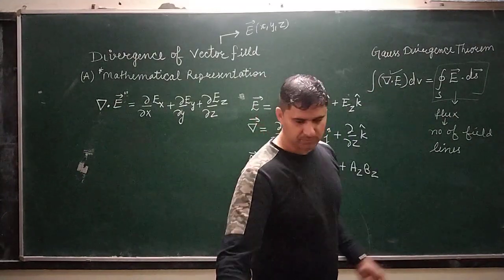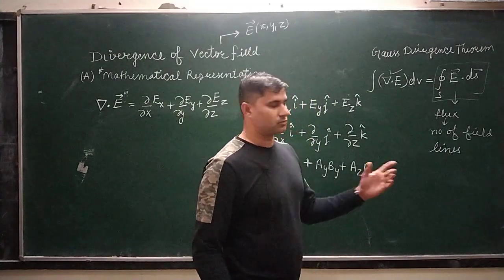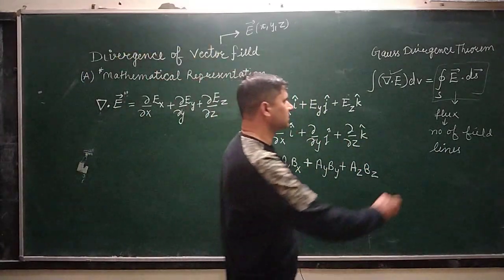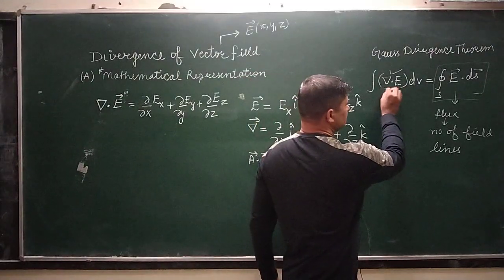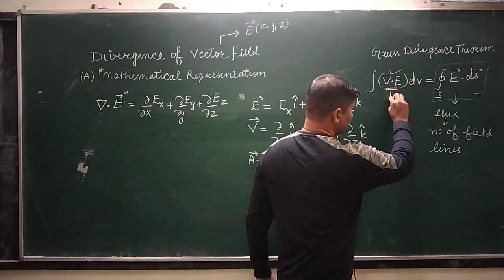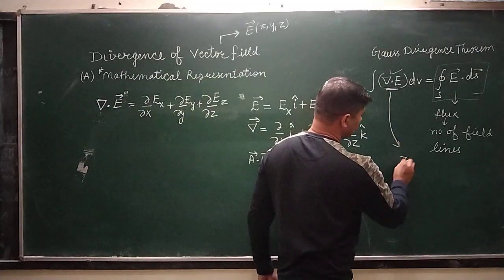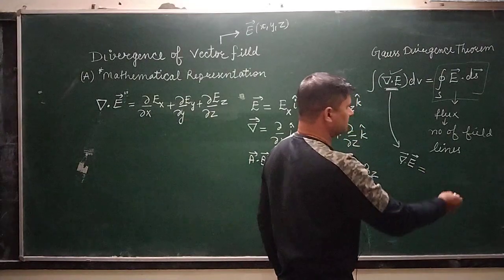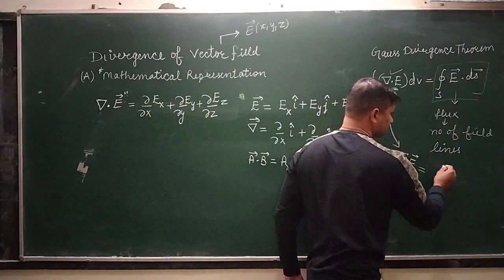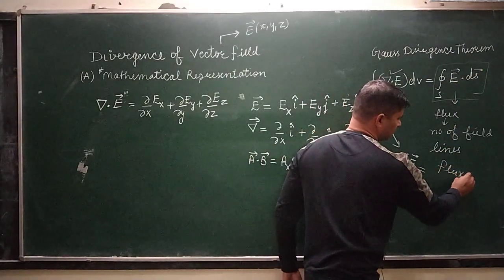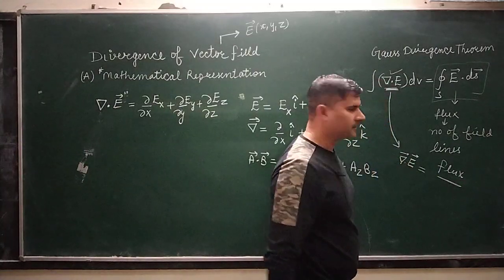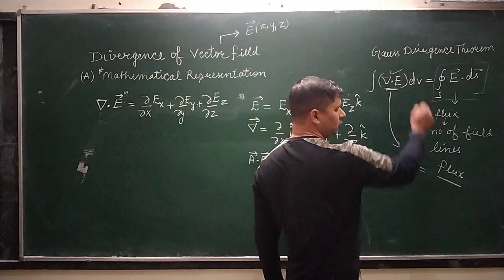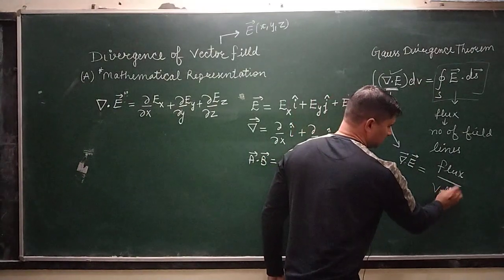So if you take the idea of definition of the divergence of the vector field, divergence of vector field must be equal to the flux of the vector field divided by the volume, since integration of the volume element will give you the volume.